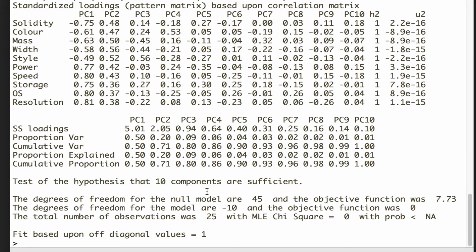I would look at both, as we're going to in this case, but before we look at the eigenvalues, there's something to check, and that's the communalities. That's the amount of common variance shared between each of the variables with other variables on the factor.